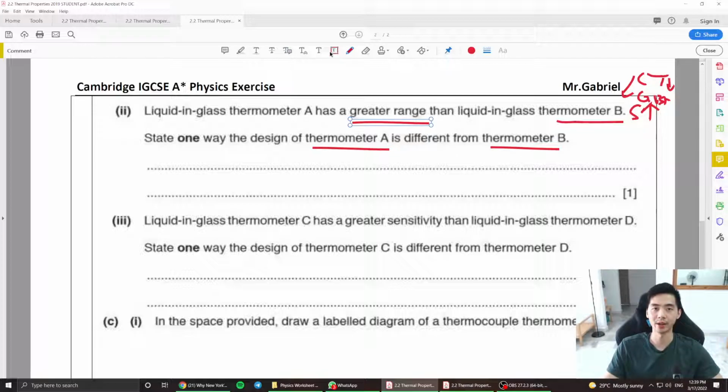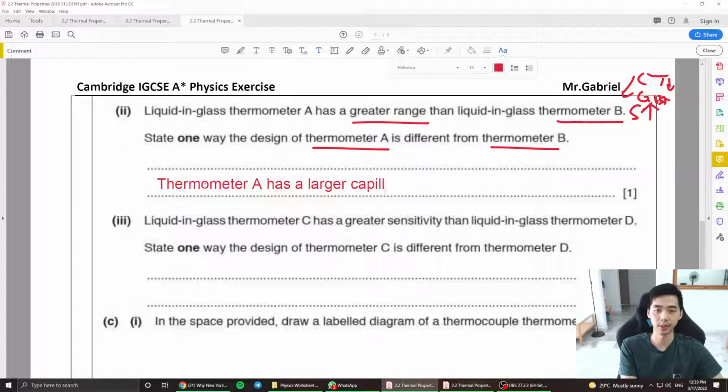So you can write either one. You can say thermometer A has a larger capillary tube than B. Or you could even write that thermometer A has a smaller glass bulb than B.